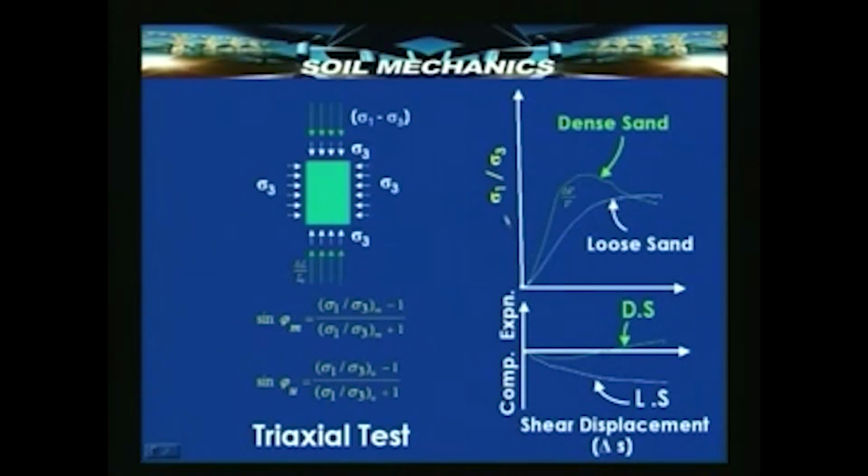If we plot sigma 1 upon sigma 3 against the axial displacement in this case, we will get a diagram very similar to what we got for the direct shear test, and this again shows that there is a peak value of phi and an ultimate value of phi, both of which can be computed from these simple relationships. Here again there is a compression in the early stages. In the case of dense sand, this gets converted into an expansion as the shear displacement increases, whereas in the case of loose sand, continuous compression goes on taking place.